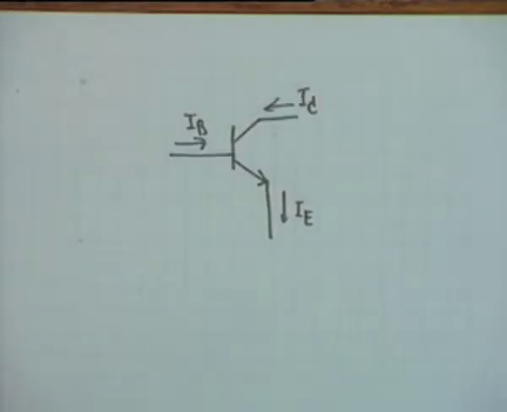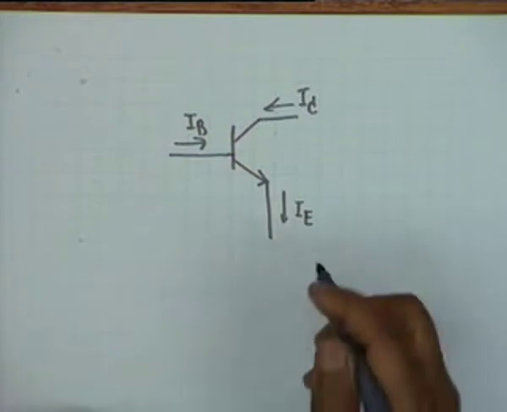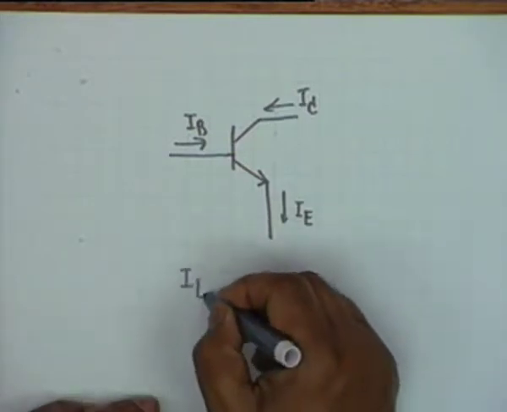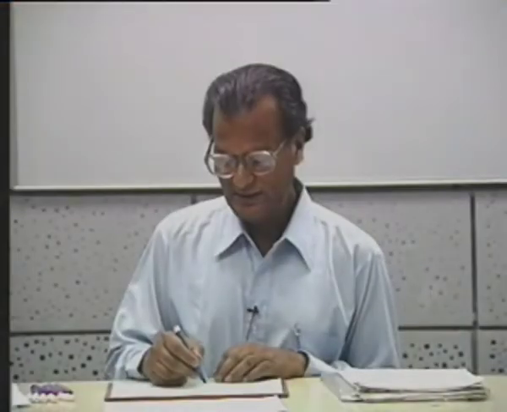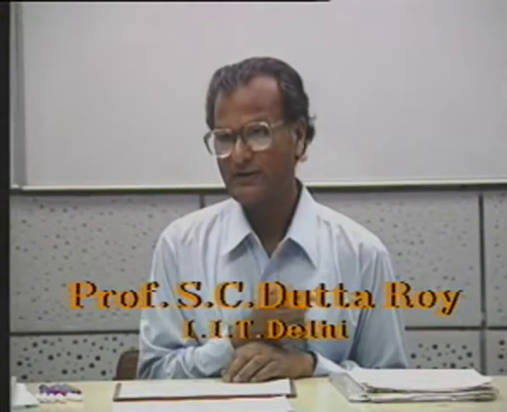These are the actual directions of currents: the base, collector and the emitter. The base emitter junction is forward biased and the collector base junction is reverse biased, and therefore one of the basic relations is that the emitter current is the sum of the collector current and the base current.